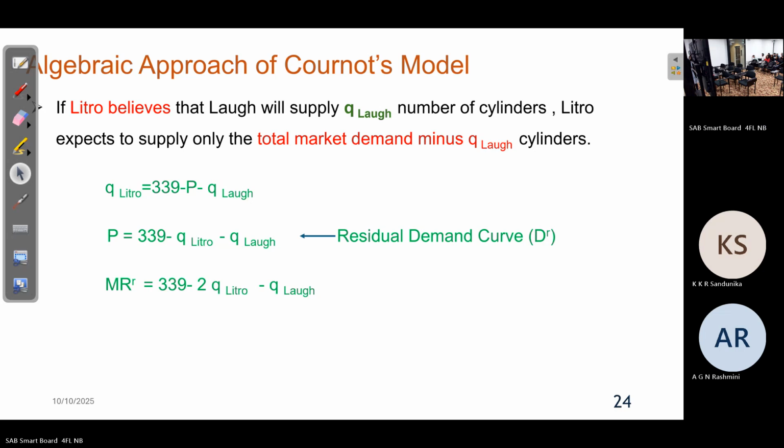First, rewrite the demand equation as the inverse demand. Then expand the inverse demand curve, accommodating both Q1 and Q2. Now I know total revenue for firm 1 equals P into Q1.